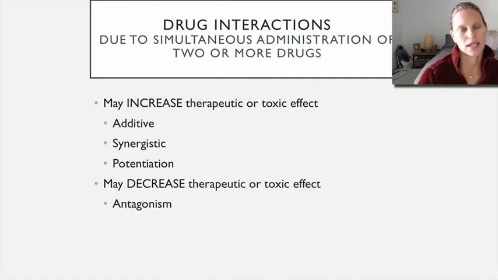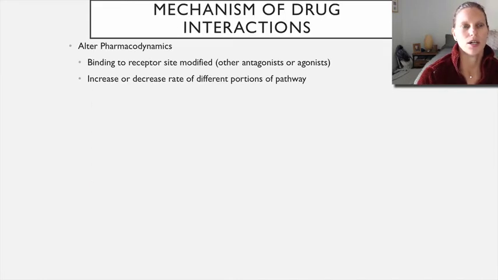Then there's antagonism, which of course decreases the therapeutic effect of other drugs. So really, in terms of drug interaction, what's happening here is oftentimes the combination of two or more drugs alters the pharmacokinetics of that drug. They might affect the binding site, the receptor site.